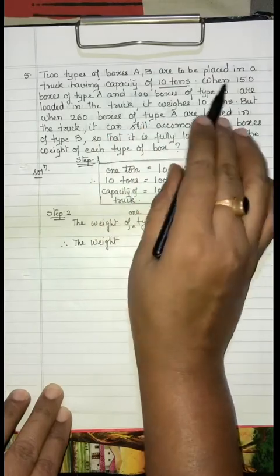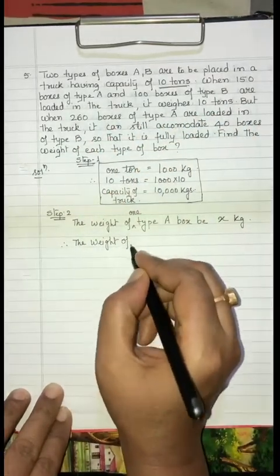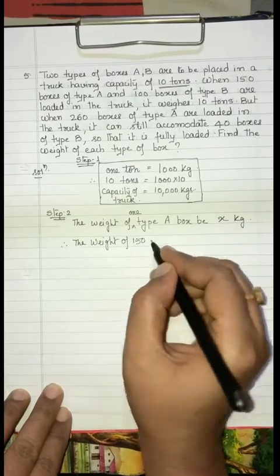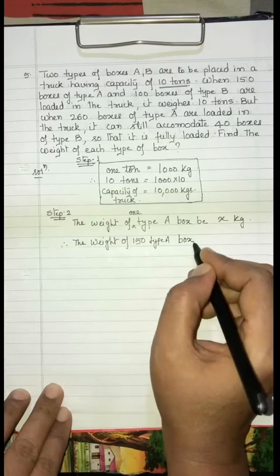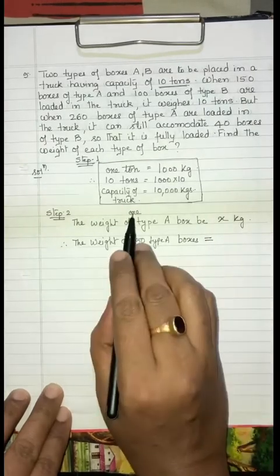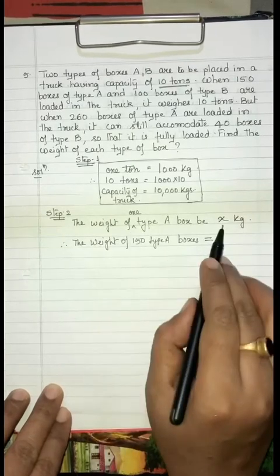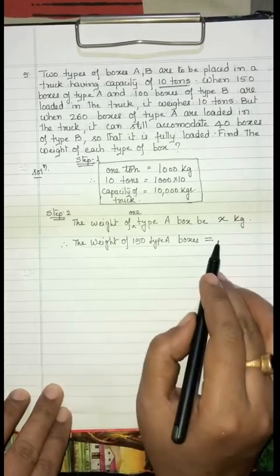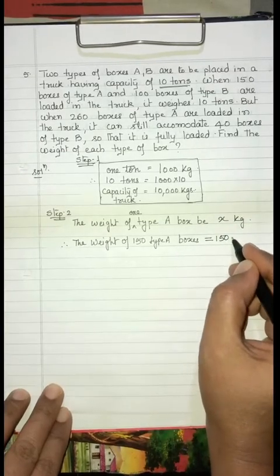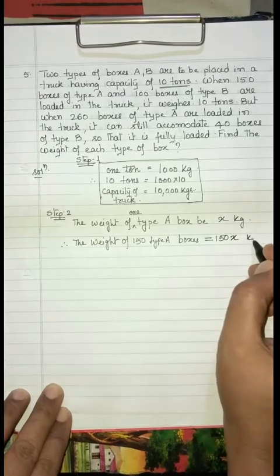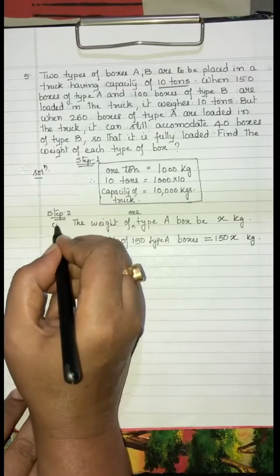See, 150 boxes of type A are there. So therefore the weight of 150 type A boxes will be how much? One type A box is x kilograms. One is given, more is asked. So you have to multiply. So 150 multiplied by x is 150x kilogram.